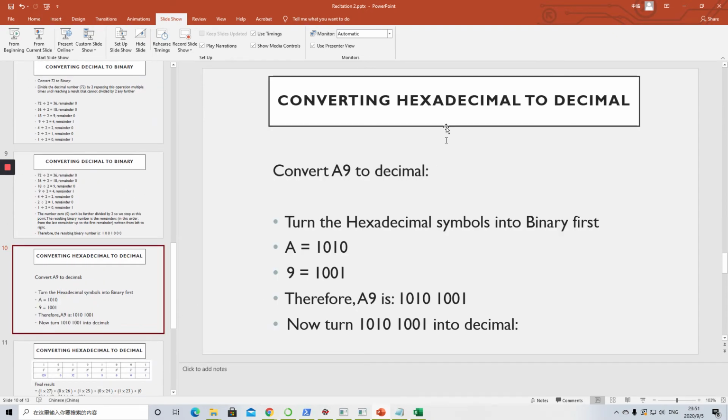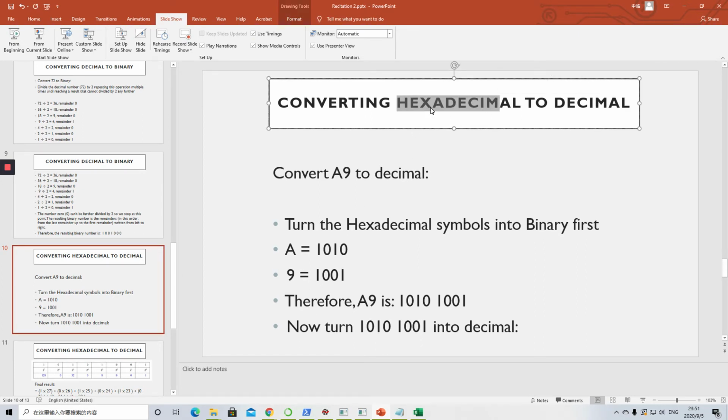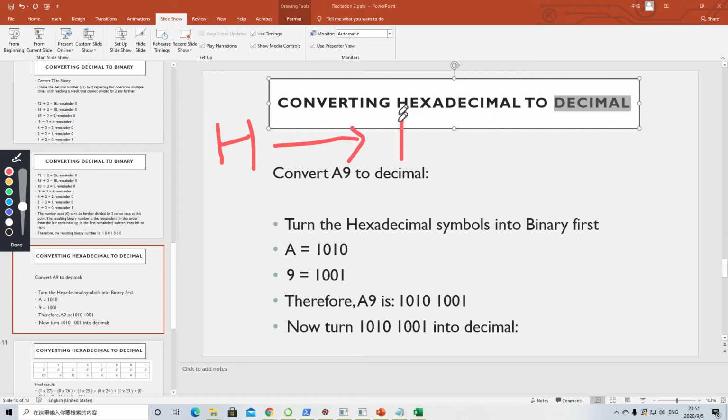The reason I do that is that I want to convert the hex to binary first, and then convert binary to decimal. So we regard the binary as a bridge between hex and decimal. We convert hex to binary and then binary to decimal. So binary is like a bridge in this process.